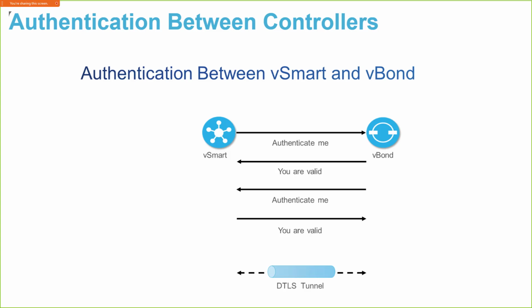Once that authentication process successfully completes, the provisional tunnels between the vEdge routers and the vSmart controllers and the ones between the vOrchestrators and the vSmart controllers become permanent, and they stay up as long as the devices are active in the network.